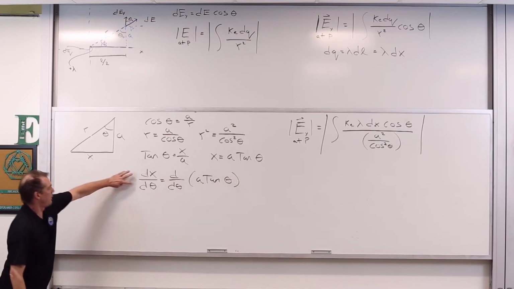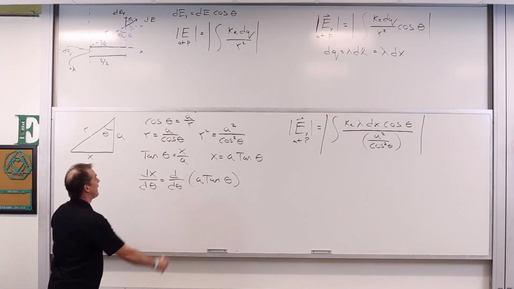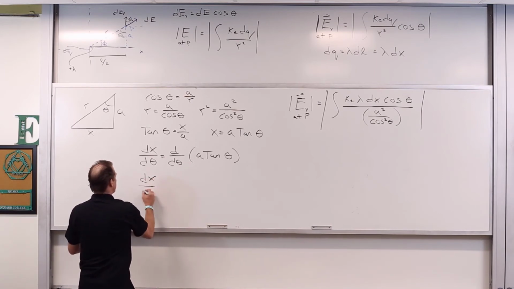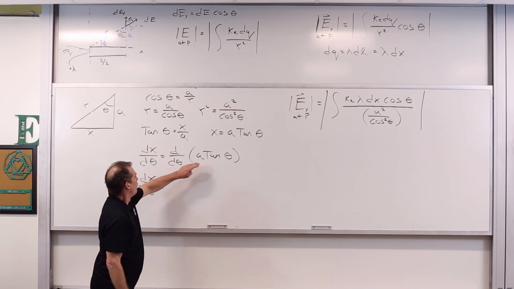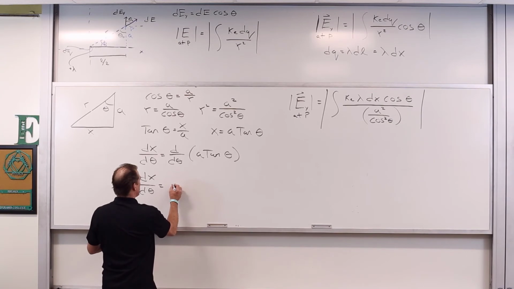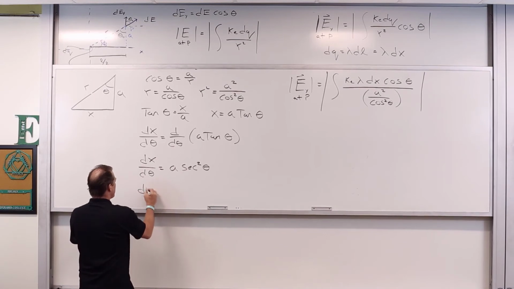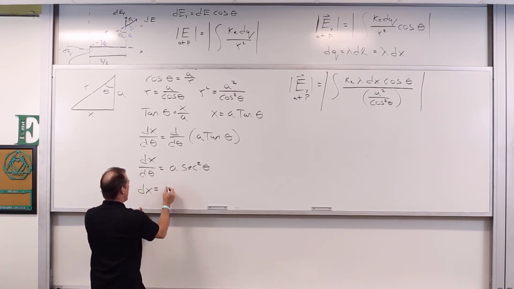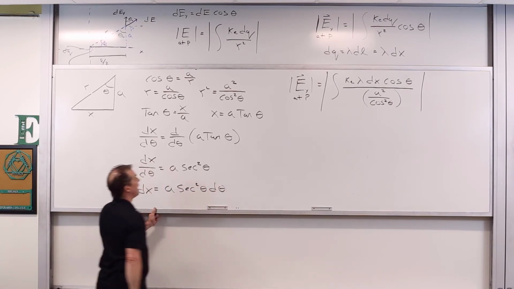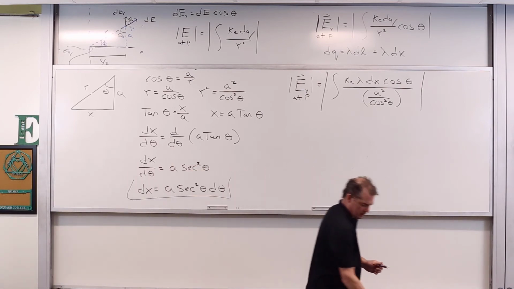All right, so there we have the rate at which x varies with respect to theta, and how it correlates back with this representation here. So what do we get? We've got dx d theta is equal to, what's d by d theta of the tangent of theta? A is just a constant. Yeah, it's secant squared theta. So we got that this is equal to a times secant squared theta. And thus when we solve this out for dx, multiply both sides by d theta, and we've got that dx is equal to a times the secant squared of theta d theta. Bam! That is fantastic.